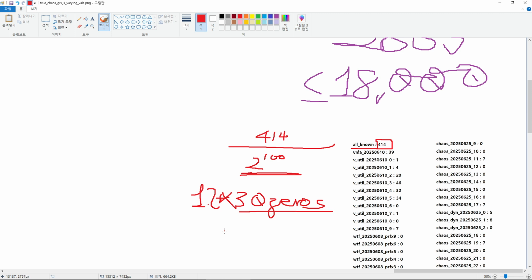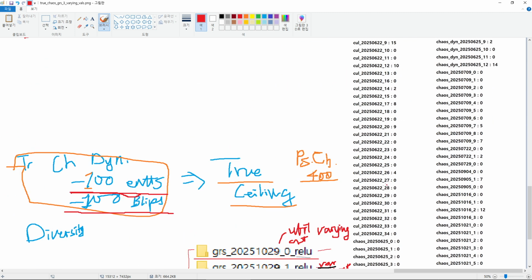And what I'm doing for the past 3 to 4 months is trying to find a way that is likely to guarantee a robust entity distribution whilst steadily providing unique true ceilings.